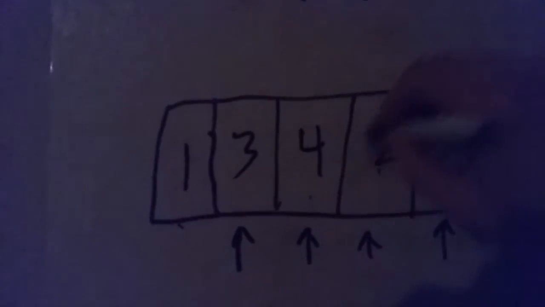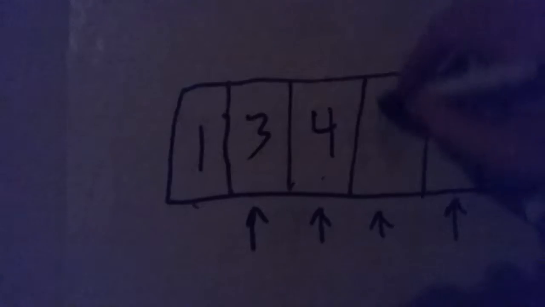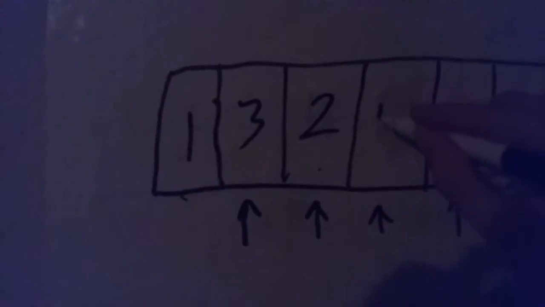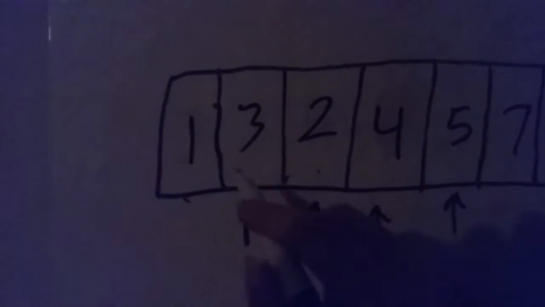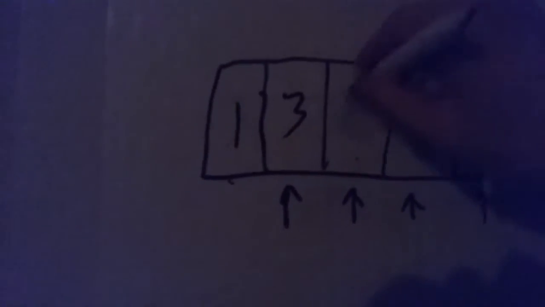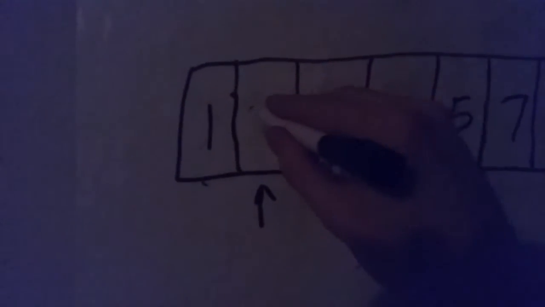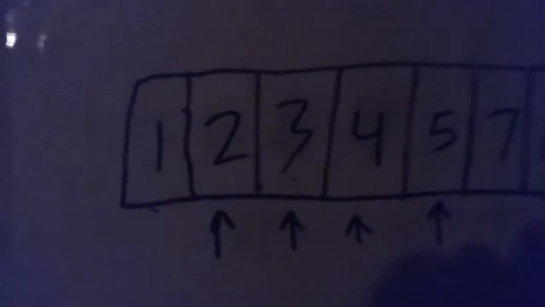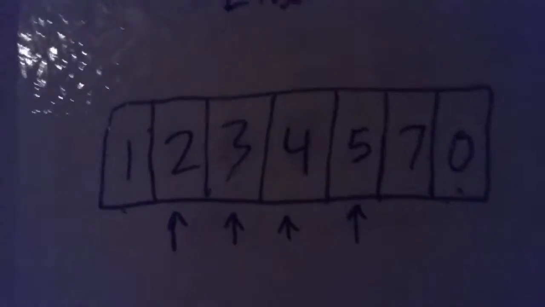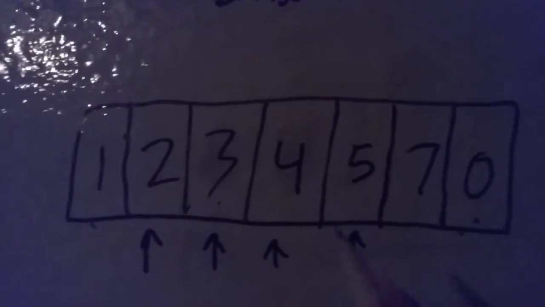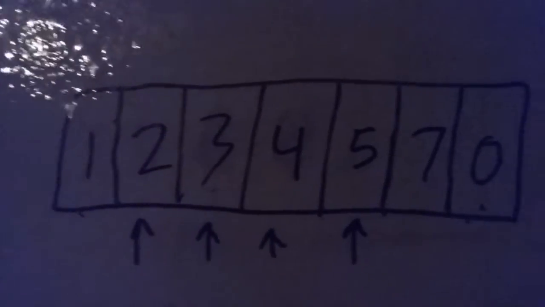So let me go ahead and have those get shifted over. 2 is less than 3, so we're going to go ahead and have those shift. Alright, so you see how we get to preserve the order by shifting instead of swapping.